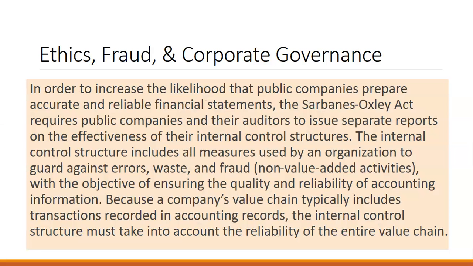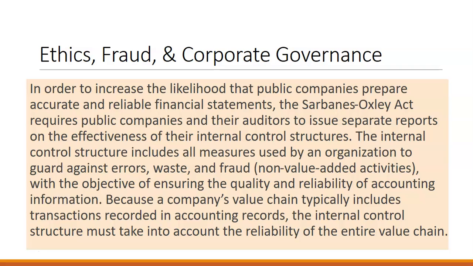So then we're going to talk about ethics, fraud, and corporate governance. So the Sarbanes-Oxley Act requires public companies and their auditors to issue separate reports on the effectiveness of their internal control structures. So we know that these internal control structures include all of these measures that are guarding against errors, waste, and fraud, which are all considered non-value added activities.